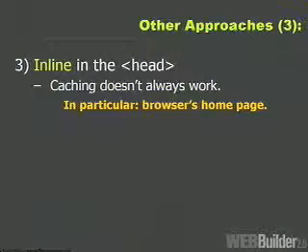Maybe this is the case with your intranet or some other product or sales tool, where it's probably your user's homepage. In those cases it makes sense to have it right in the head so you can avoid that extra HTTP request, which isn't going to give you any benefit through caching down the road. Again, 90% of the time, one big external file, but these are other things to keep in mind.